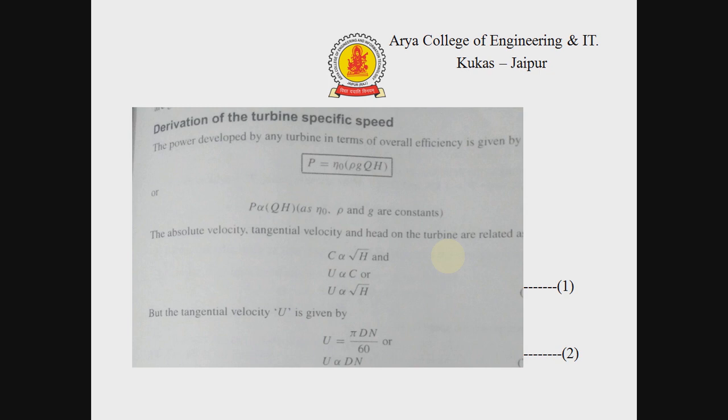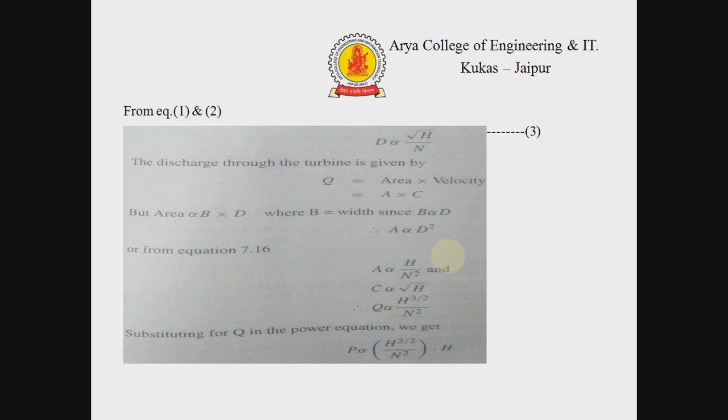But the tangential velocity U is given by U = πDN/60, or U is proportional to DN, as shown in equation 2. Now from equations 1 and 2, D is proportional to √H by N, as shown in equation 3. The discharge through the turbine is given by Q = area into velocity, or area into C, but area is proportional to B into D. B is the width and D is the impeller diameter.